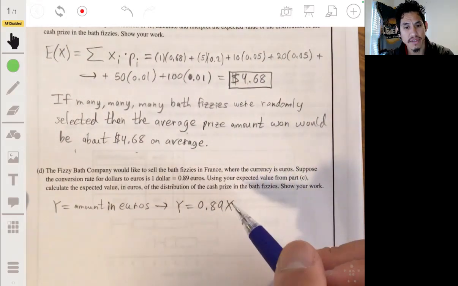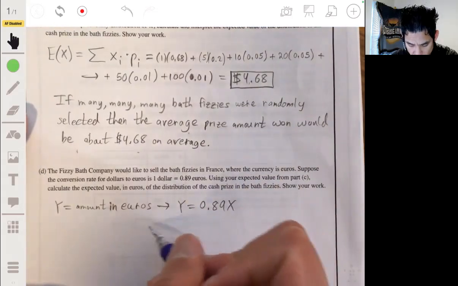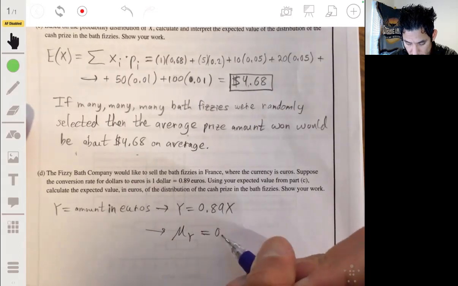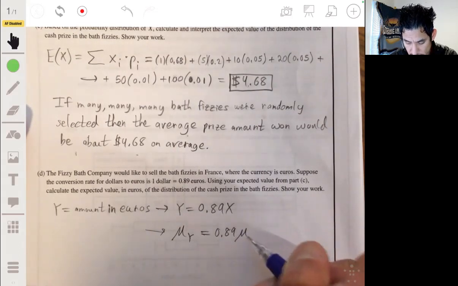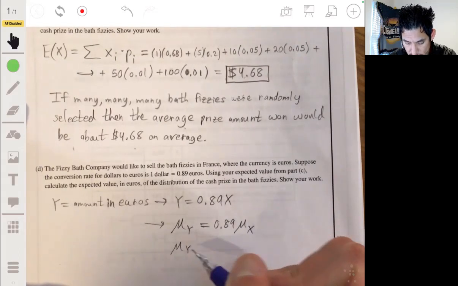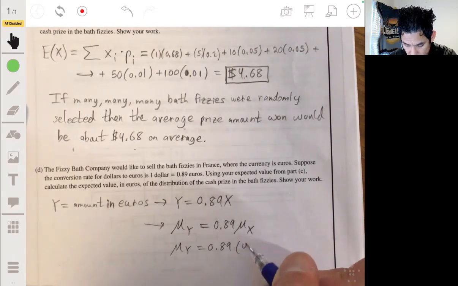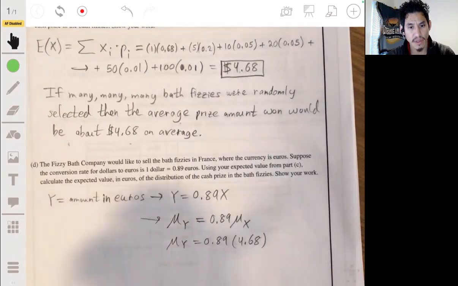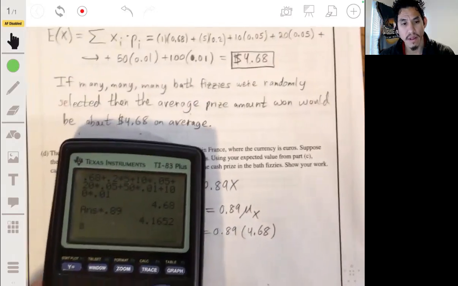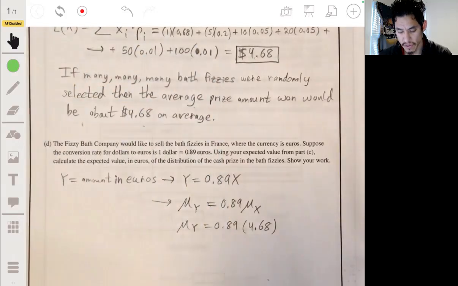And then the mean of Y, or the expected value of Y, is equal to 0.89 times the mean of X, or the expected value of X. So the mean of Y would be equal to 0.89 times 4.68, which would be about 4.1652 euros.